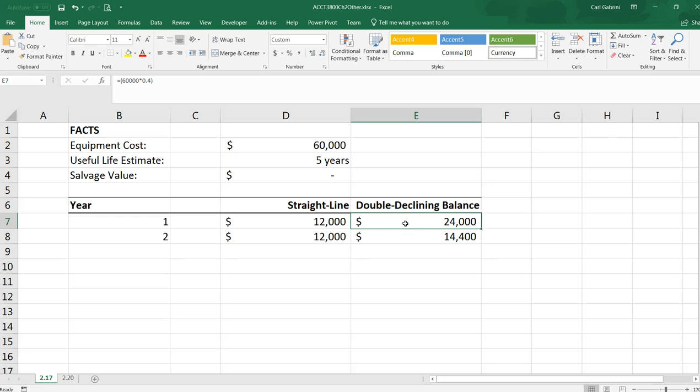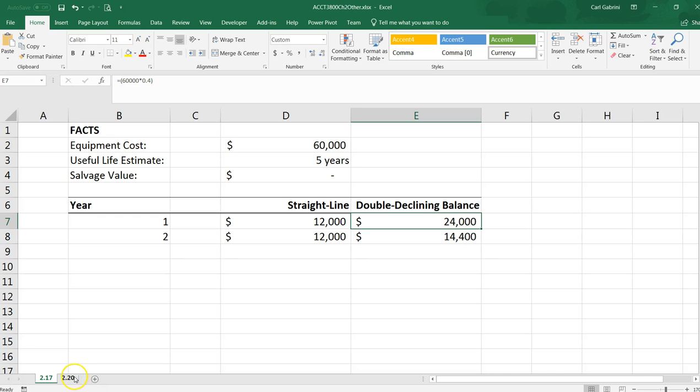This is an accounting convention that we use under accrual accounting to assign costs as expenses to particular periods of time. And what we want to do is match the costs or the expenses to the revenues that they were responsible for creating or generating. So hopefully you guys picked that up.